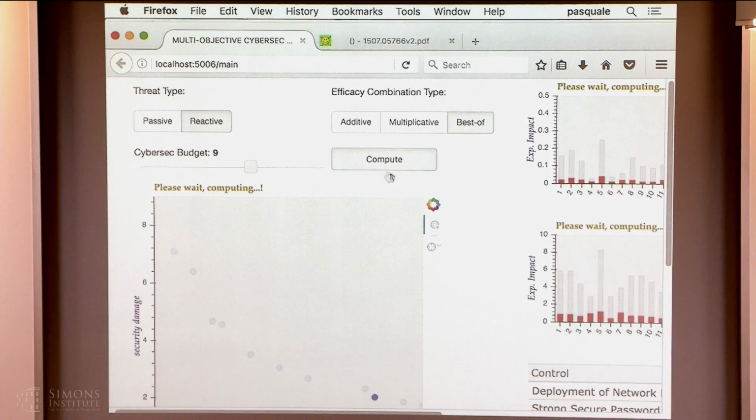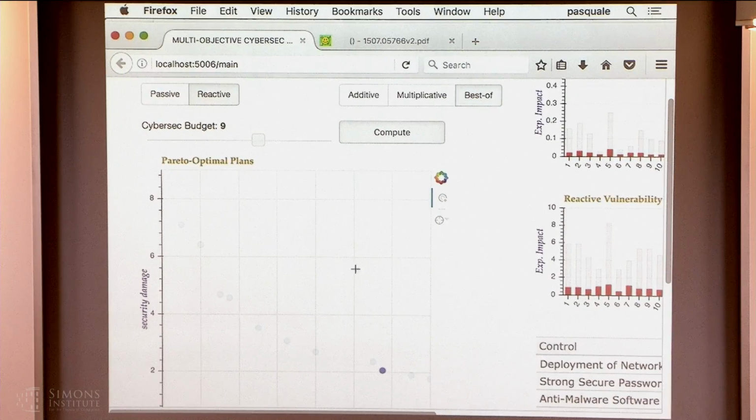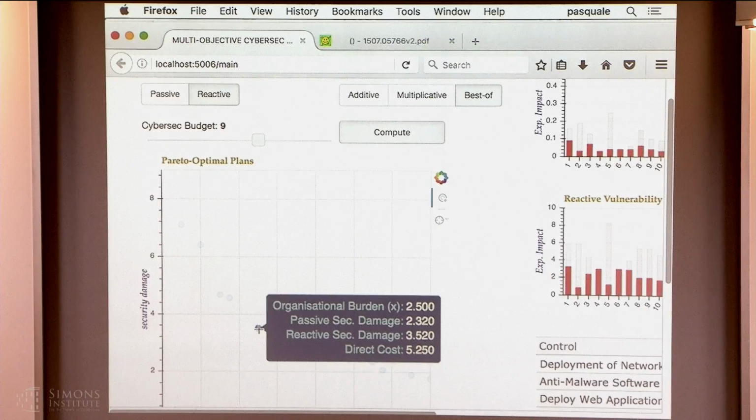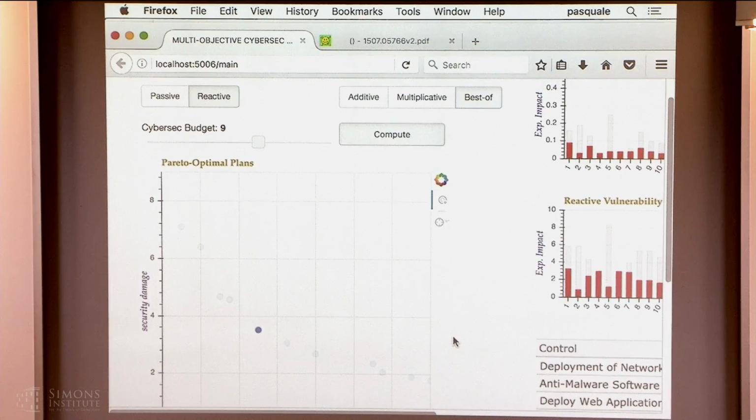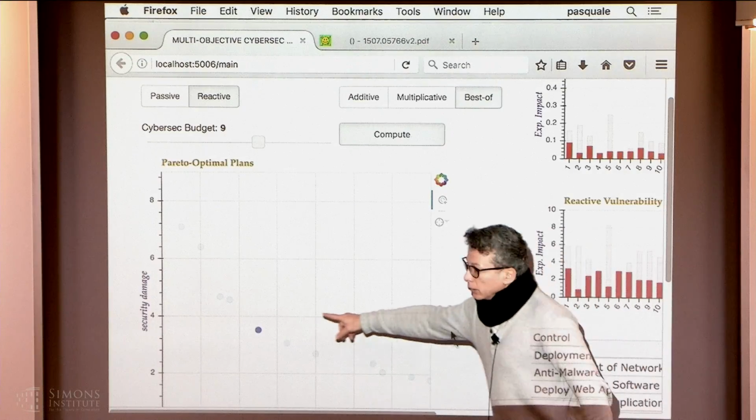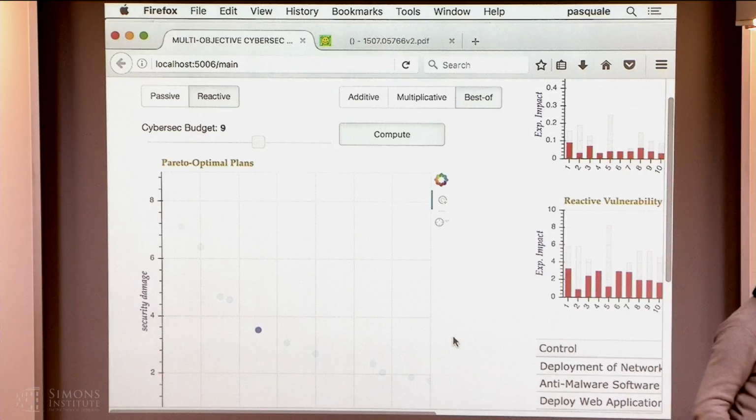So, yeah, let's finish the calculation. We got these sets of points. If I click one set of points, you can see that something is deployed here. So this is a Pareto front on this side. And each point there corresponds to the Nash equilibrium of a game which has 10 to the power 15 possible pure strategies.